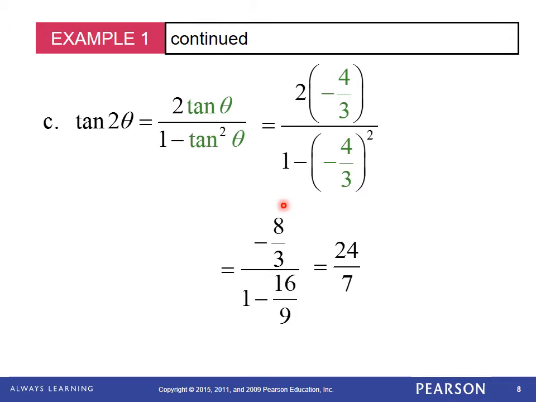And the last one, tangent. Okay, tangent 2 theta does require the tangent value of the original angle. That's what we did already here. Plug in the negative 4/3, simplifying, and we get ourselves 24/7. Okay, then of course, could you have done this even easier?